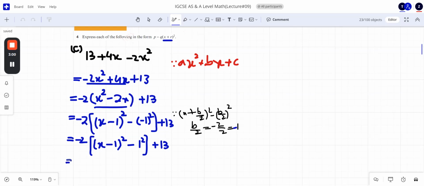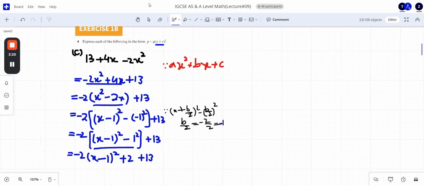So we will multiply the minus 2 with both values which are inside the bracket. So it would be minus 2 into x minus 1 whole square. Then 1 square becomes 1. So minus minus makes plus. 2 times 1 is 2 plus 13.